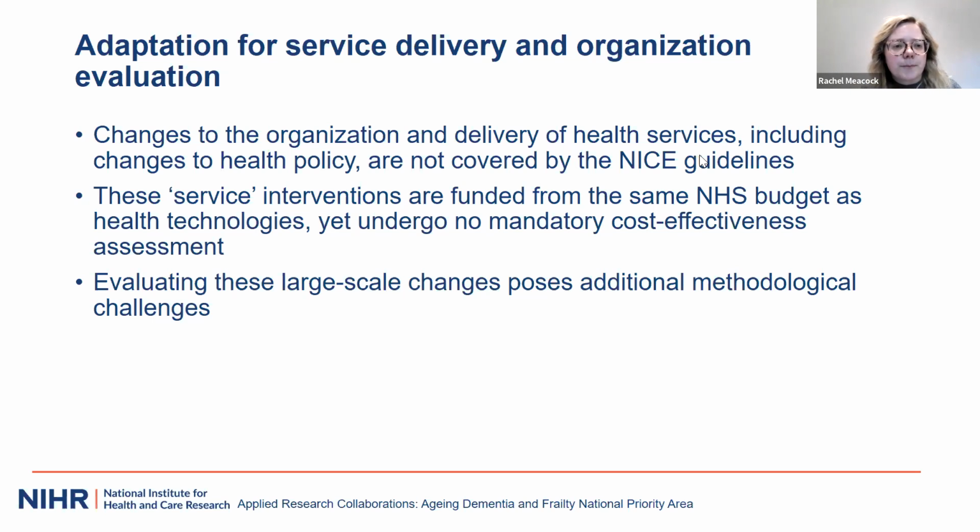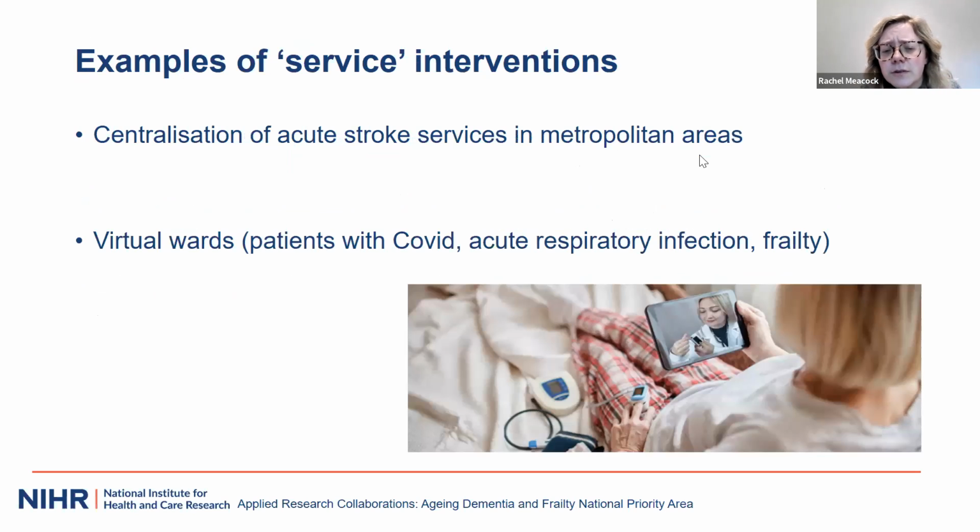And it poses some additional methodological challenges when we move away from the traditional NICE setup. Just to make sure that we're on the same page and you know what I'm talking about when I talk about a service intervention, a great example of an economic evaluation of a service intervention was done by the team at UCL, and this was about centralising stroke services. Previously, stroke services were provided by every hospital in the country, but there's quite a lot of evidence that showed that better outcomes for patients could be achieved if we had specialised centres.